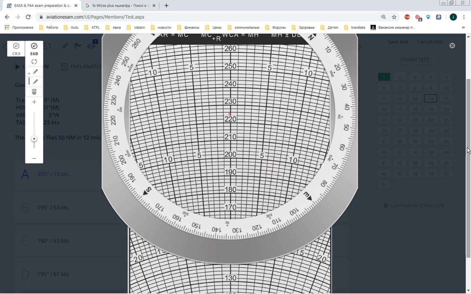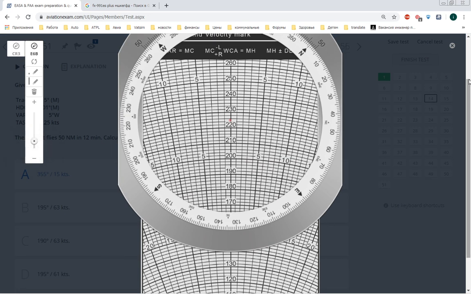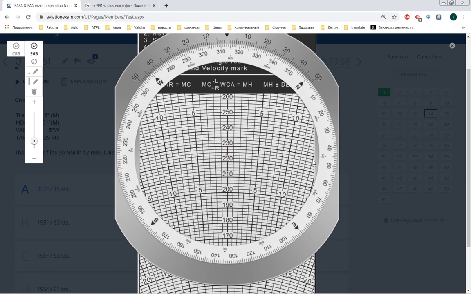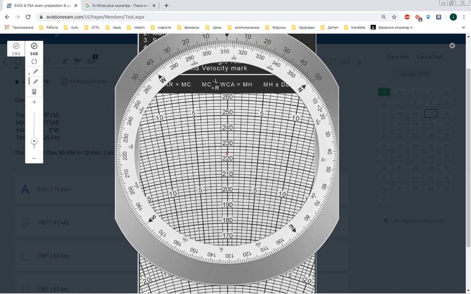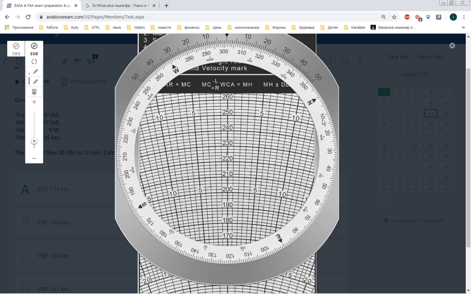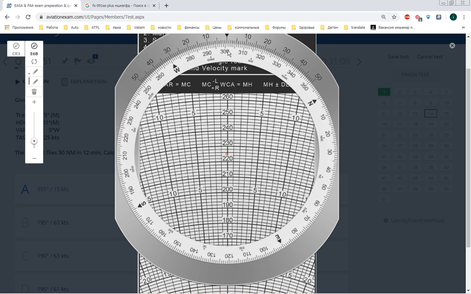Okay, next step, we need to put heading here. Always heading, because heading is our final solving. So we have true and heading, and for this task we need to put here heading 301 magnetic.